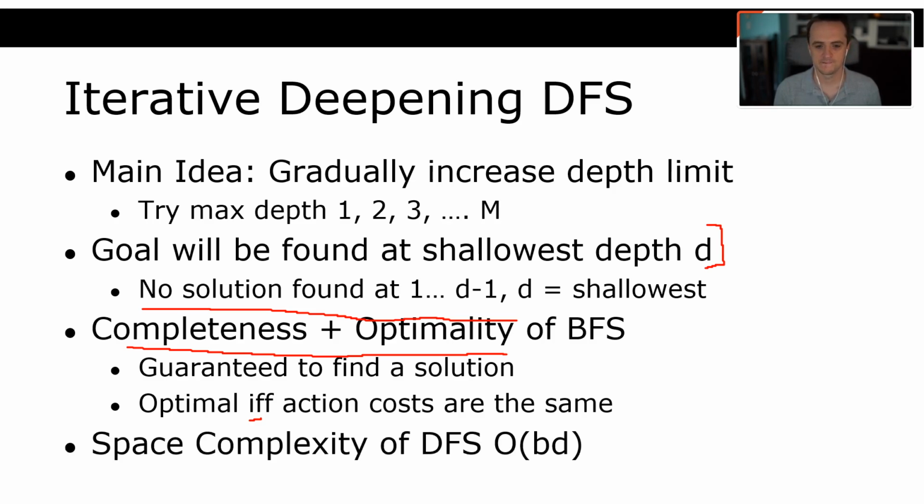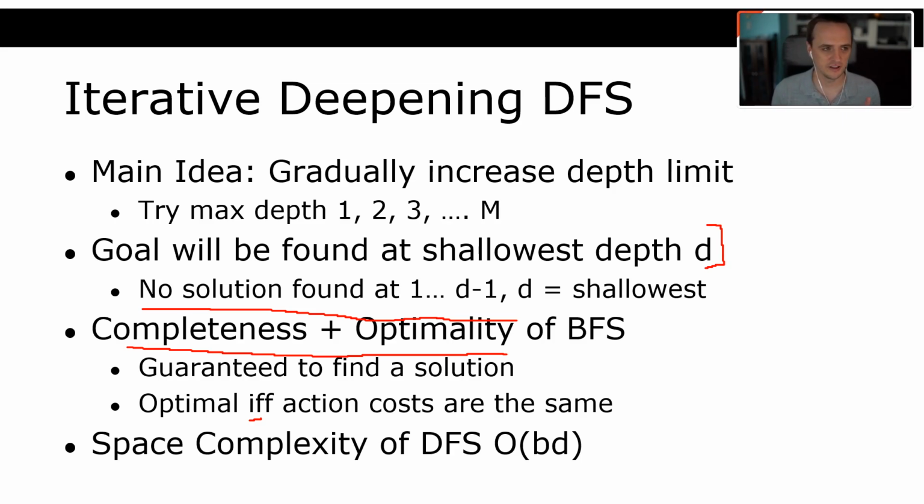Okay? But it has the space complexity of depth first search. So we've taken the completeness and optimality of breadth first search, and we've got the space complexity of depth first search. So this is like win-win-win, right?